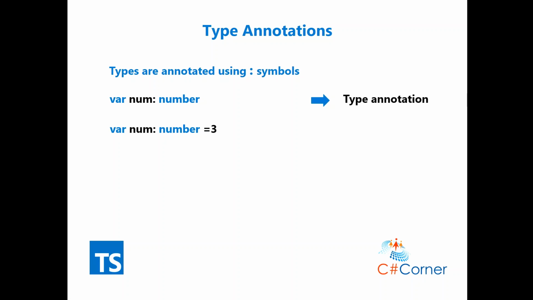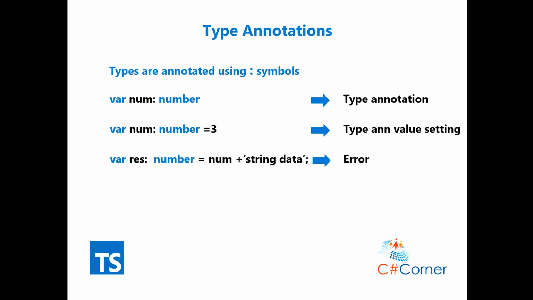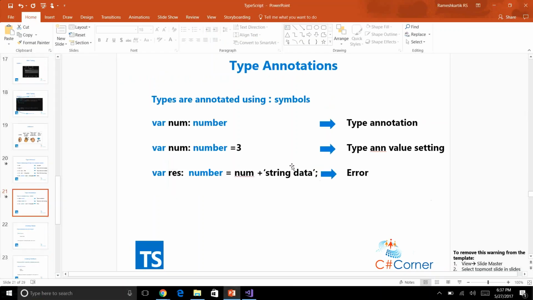So this is a type annotation. In this case as well, which I already showed, we have already declared this as a number, but we are trying to assign string data. This should be an error, right? So this should not be the case. Okay, let's have a look at those things in our source code. I hope you guys are following.